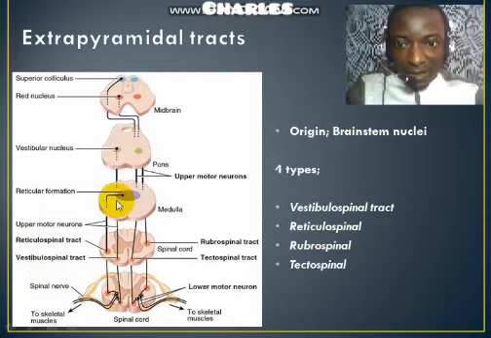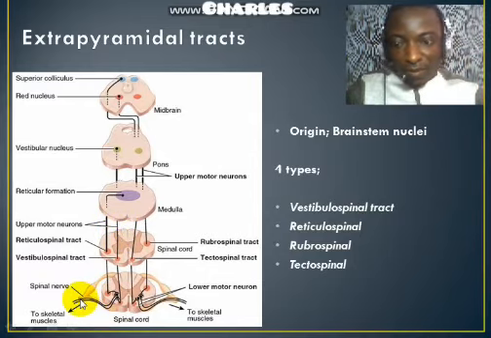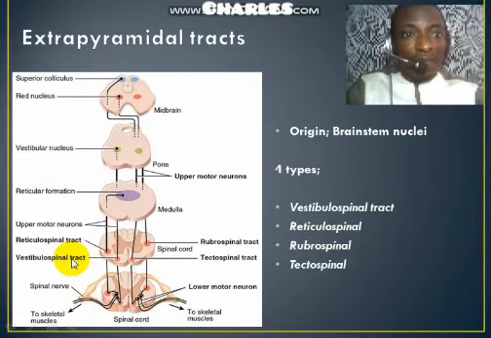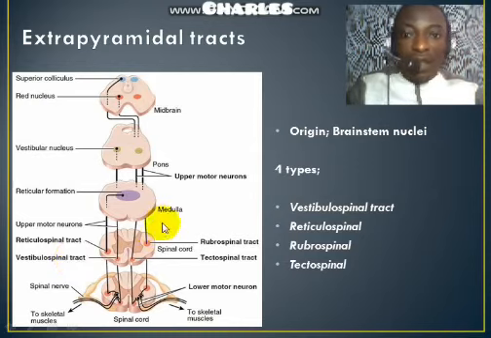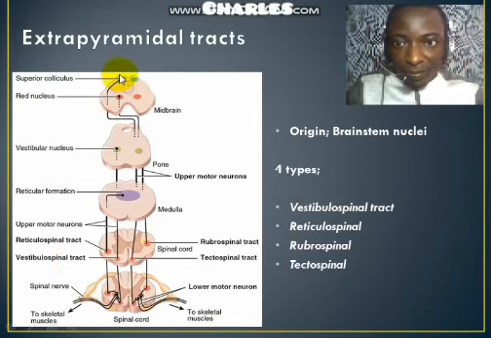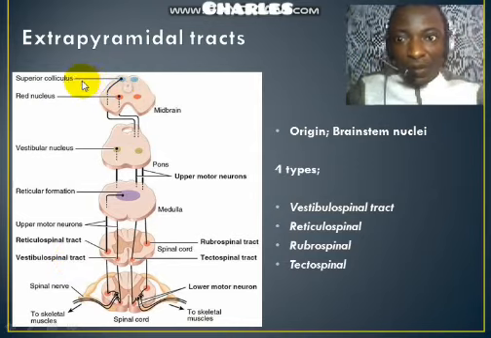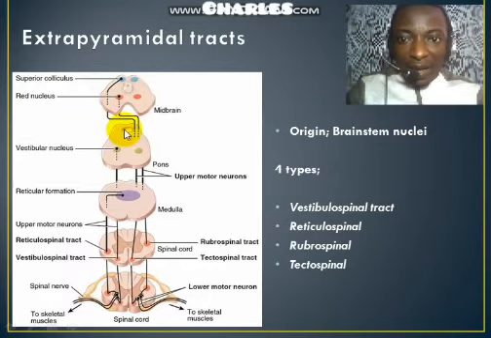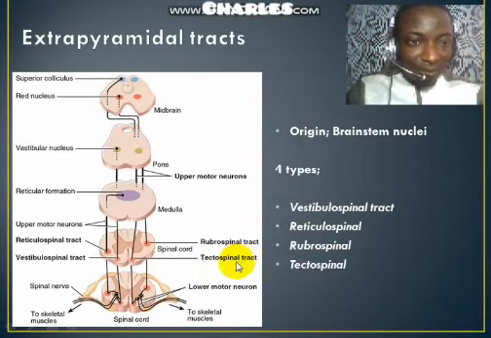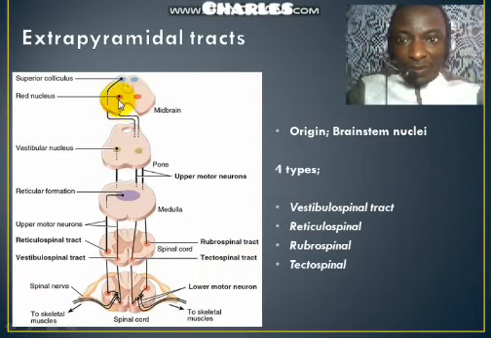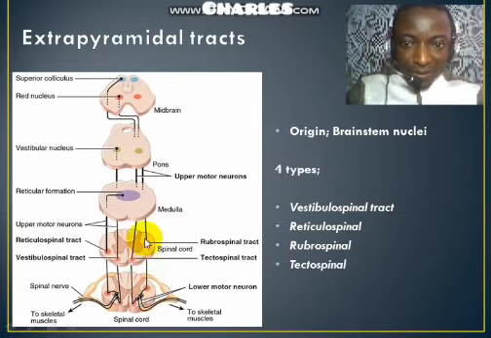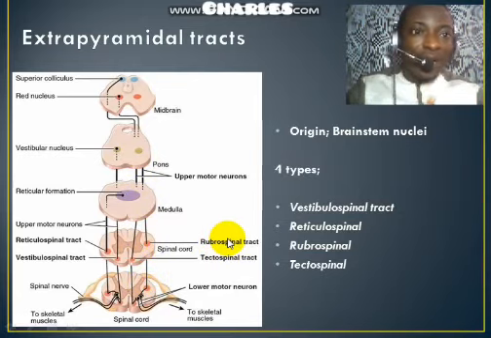From here down to here represents the vestibulospinal tract. From here, the superior colliculus, down to this part represents the tectospinal tract. And then from the red nucleus, this part down to this part represents the rubrospinal tract.